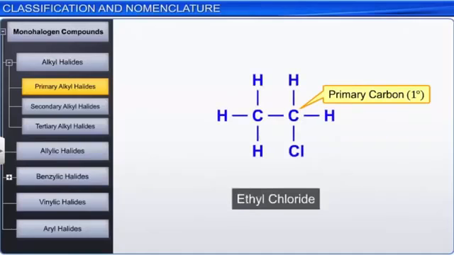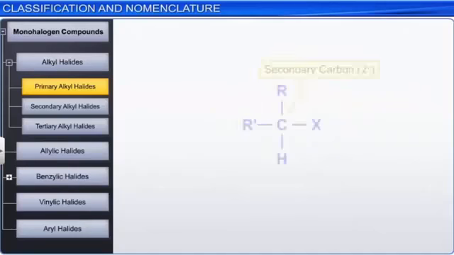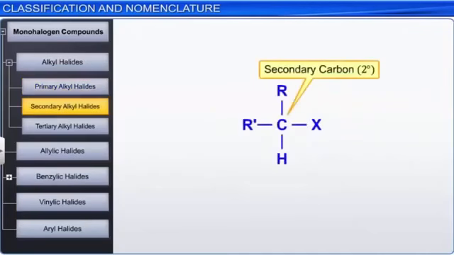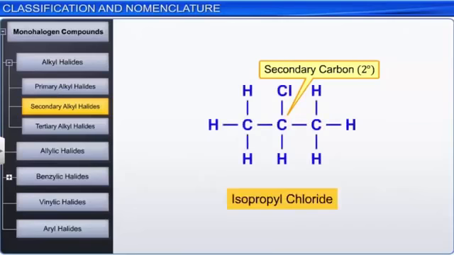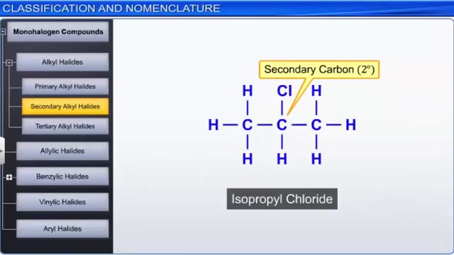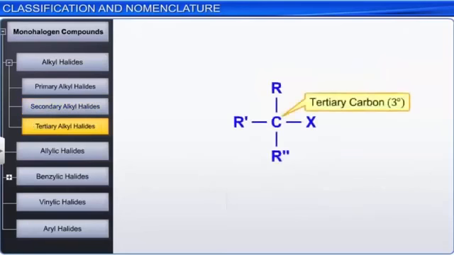Isopropyl chloride shown here is a secondary alkyl halide. In tertiary alkyl halides, the halogen atom is attached to a tertiary carbon atom. For example, in tertiary butyl chloride, the chlorine atom is attached to a tertiary carbon atom.